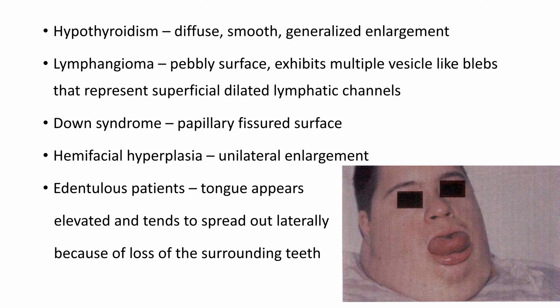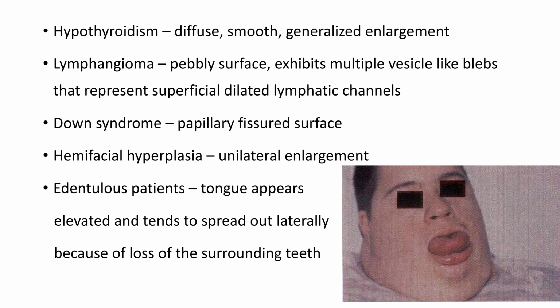In a patient with Down syndrome, as you see in the picture, there is a papillary fissured surface of the tongue. Then in patients with hemifacial hyperplasia, the tongue enlargement is unilateral. One side of the tongue is enlarged.